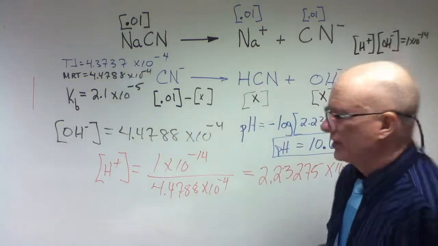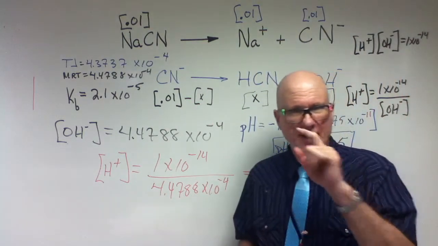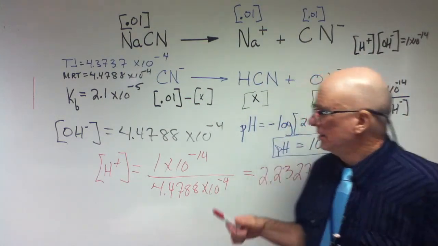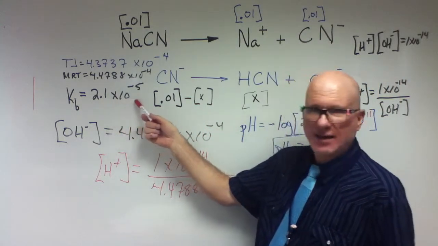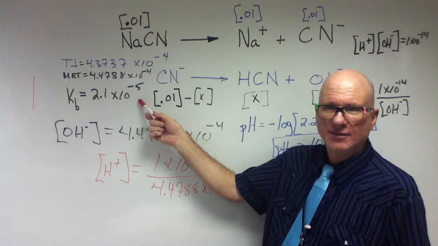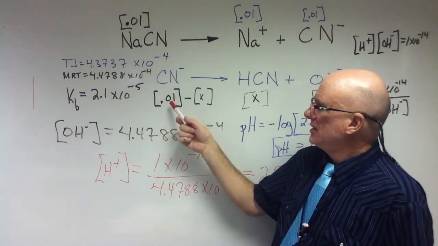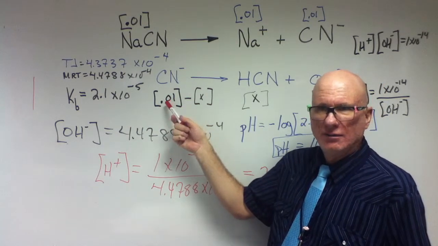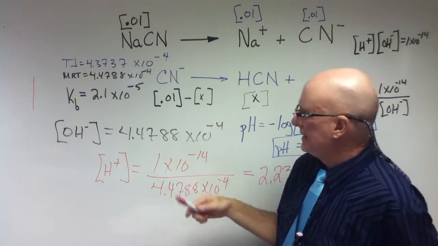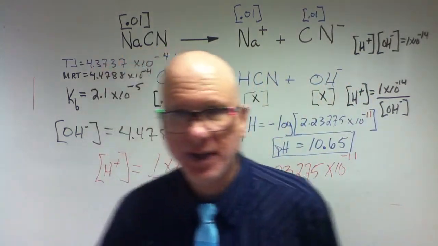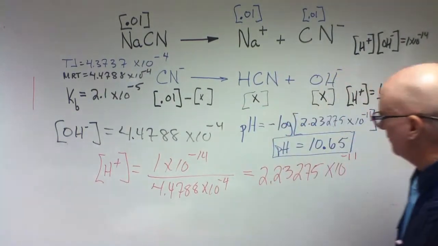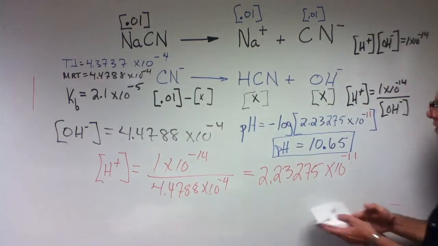Let's look at some numbers here, okay? I want you to look at some numbers. You ready? This is 2.1 times 10 to the negative fifth, correct? Yes? This is 0.01. Let me write something. Can I erase all this? Are you with me? Yes. You get it? 10.65? Okay.